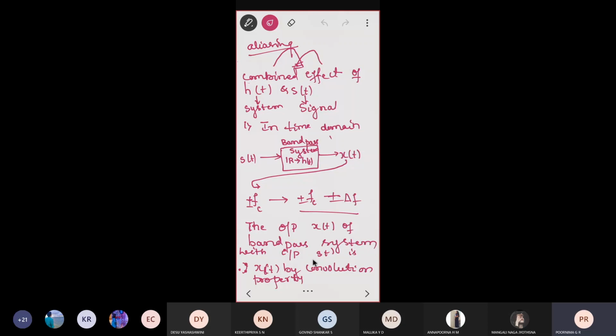The very first step of analysis of such bandpass systems and signals is to combine the effect of the bandpass systems with the bandpass signals. So how do you combine the bandpass signals with the bandpass system? For that, let x of t be the output of a bandpass system with input bandpass signal s of t.